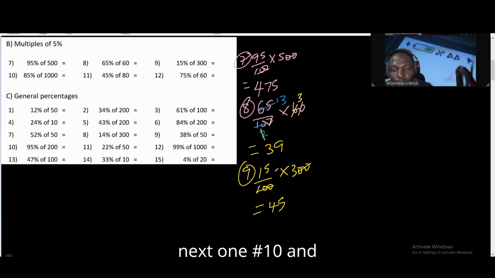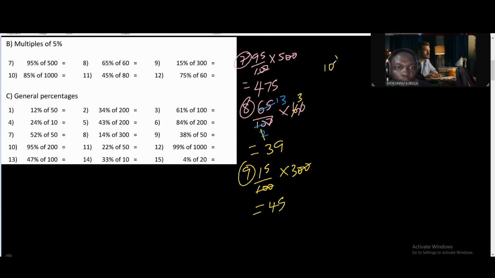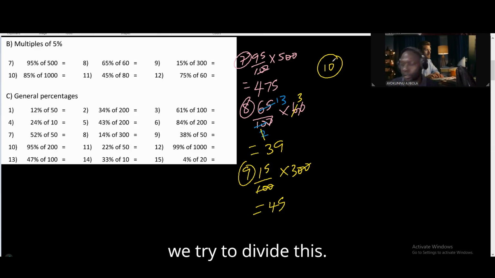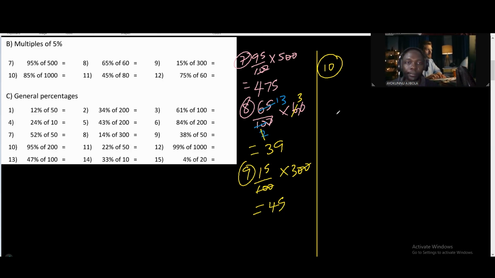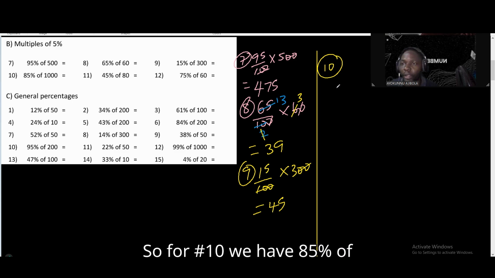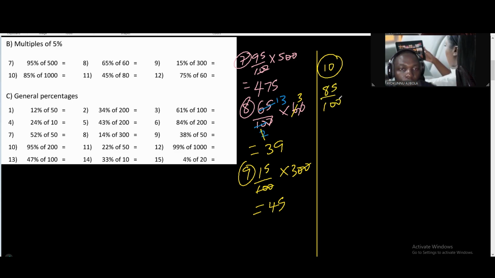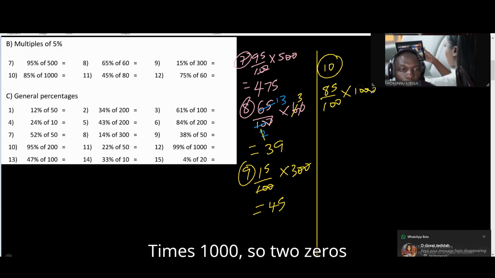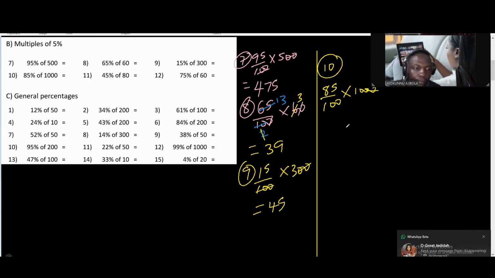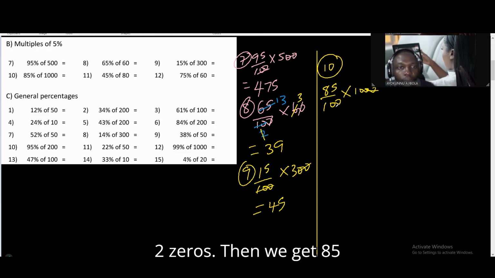Then the next one, number 10. Let me try to divide this page. So for number 10, we have 85% of 1,000, so 85 over 100 times 1,000. So two zeros cancel two zeros.